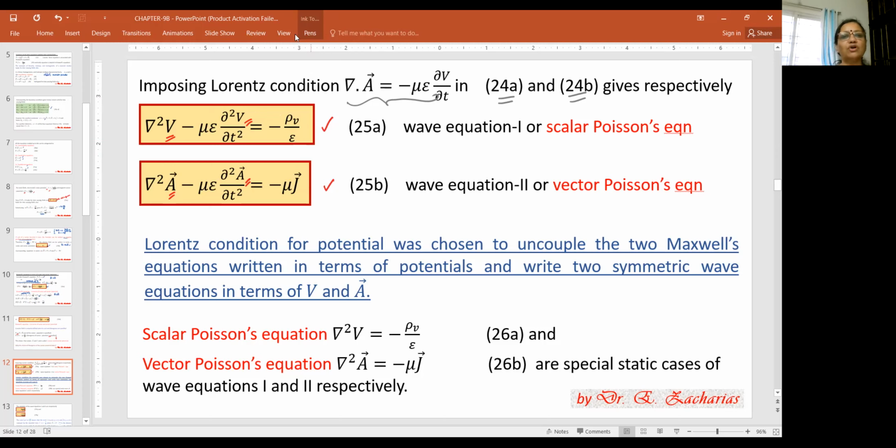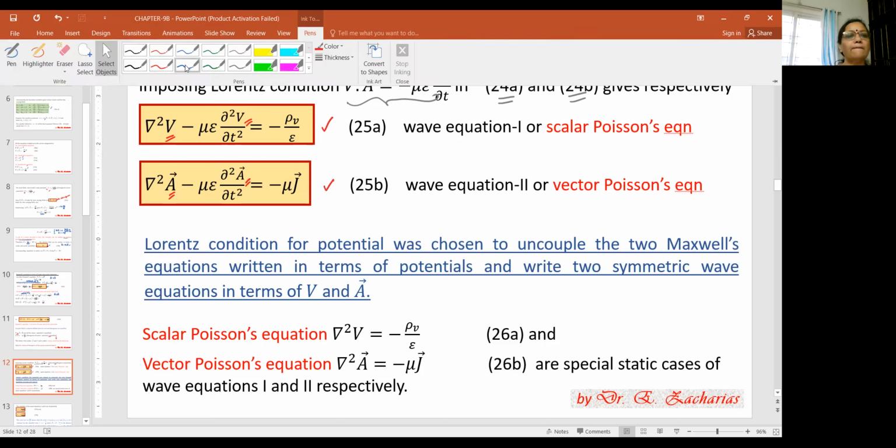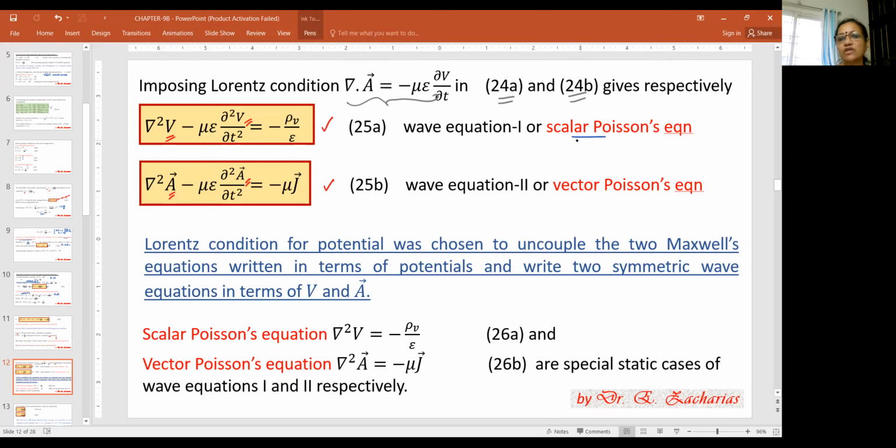So the first is called the scalar Poisson equation, and the second equation is called the vector Poisson equation. Only thing is there is also a second derivative in time involved. That's not unexpected, because after all here you have x, y, z and time dependence.